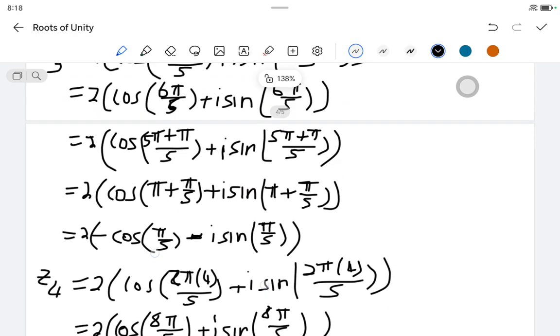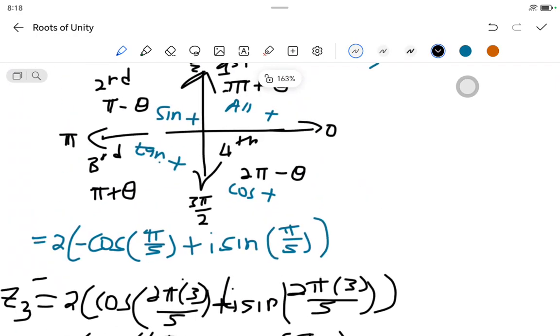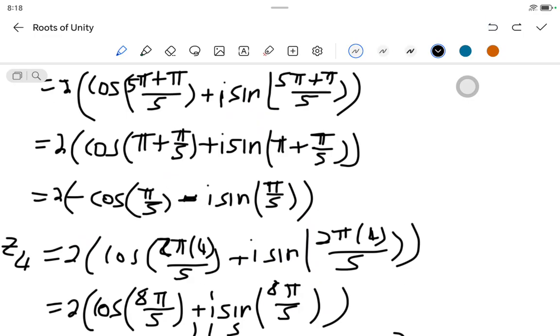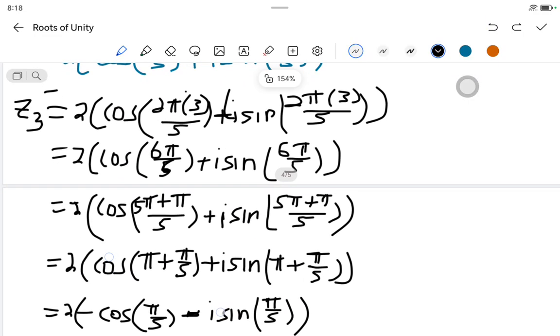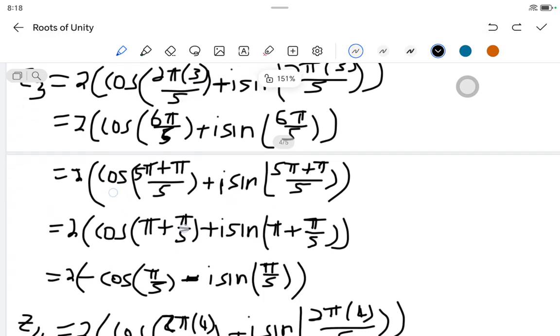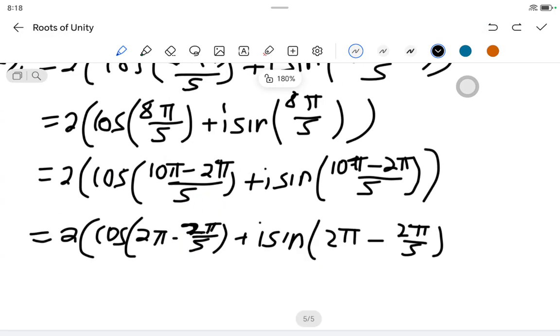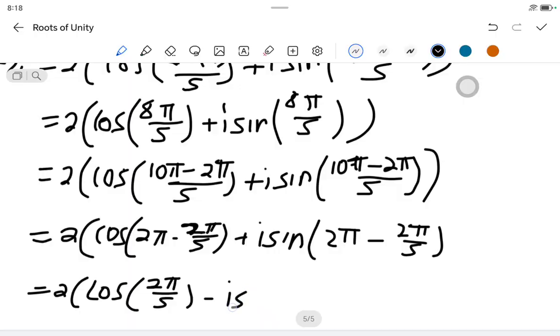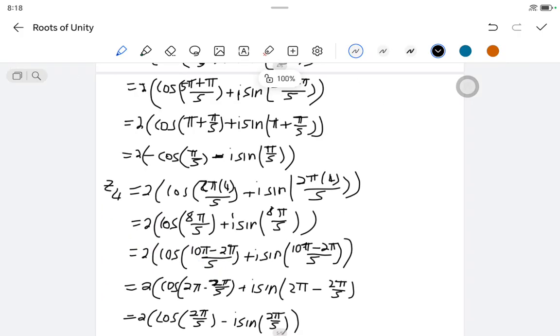We are saying 2 pi minus theta, which is in the fourth quadrant, where cos is positive. So it means that this would be 2 cos of 2 pi over 5 minus I sine of 2 pi over 5. So you see this. You can try to do B as well.